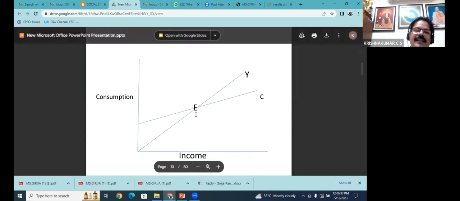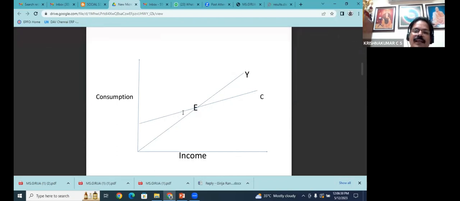So till point E, average propensity to consume will be greater than 1, because till here the numerator, that is consumption, is greater than the denominator, that is income. So APC is greater than 1 till point E, till we have dissaving, negative saving. And what will be APC at point E? Ask this question to your students.